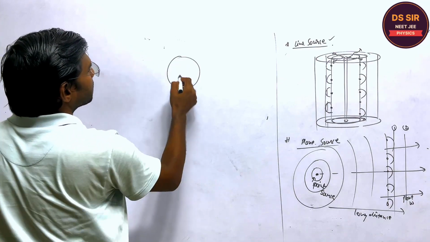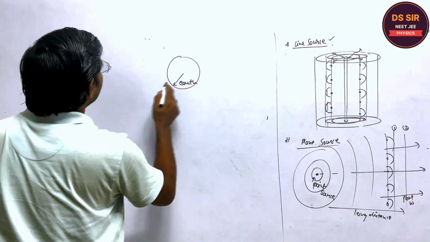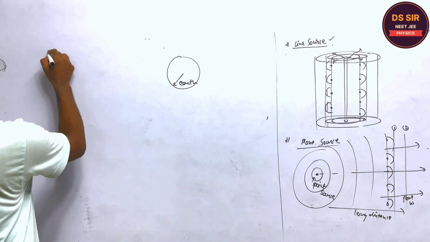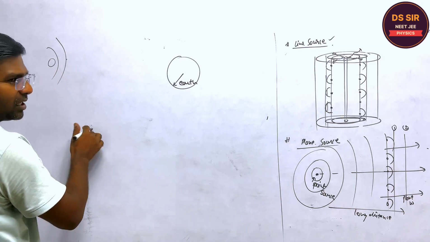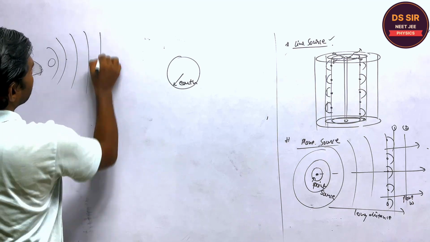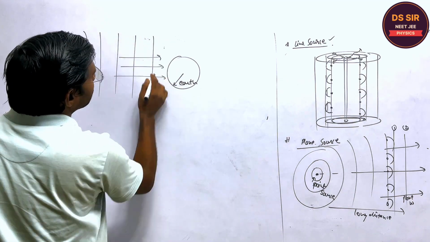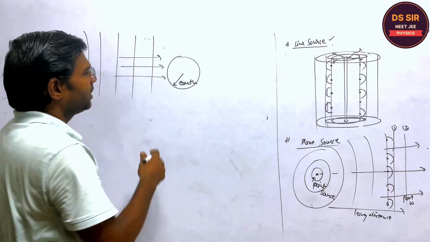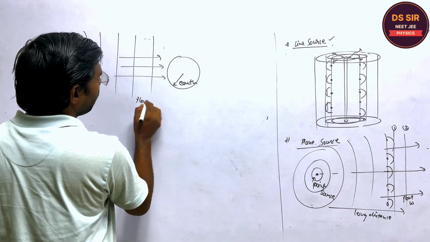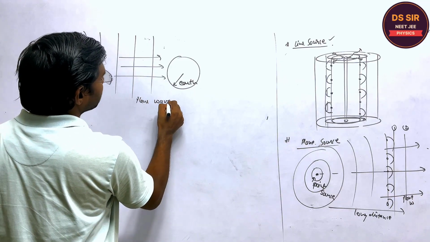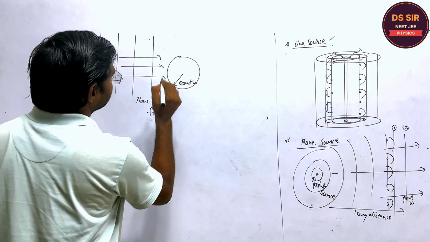Suppose this is the earth, and this is the sun, and from the sun the spherical wavefronts are produced, but when they reach the earth, the light is coming on our earth in the form of a plane wavefront. Is it clear or not?